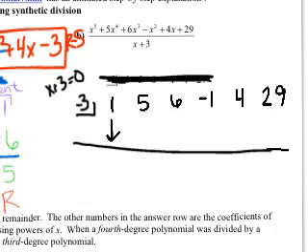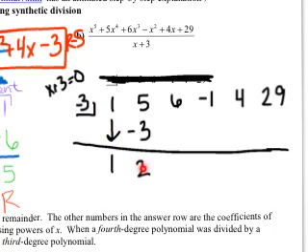Always start with an arrow, just pulling down the 1. So, negative 3 times 1, that's a diagonal movement. So, negative 3 times 1 is negative 3, but this is a vertical movement. 5 plus negative 3 is 2.